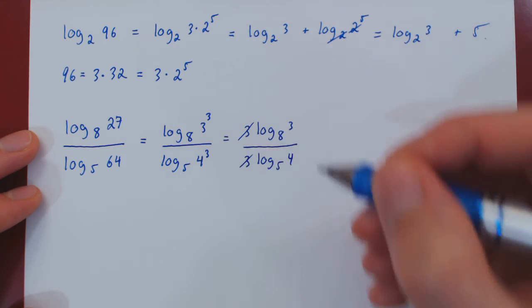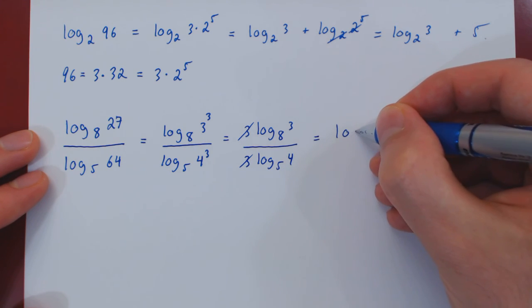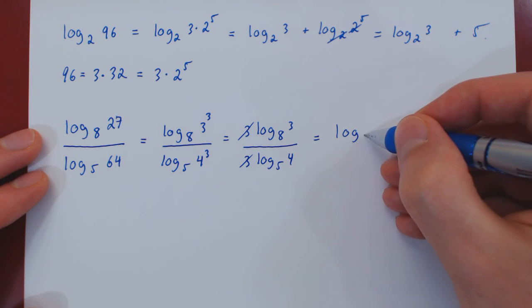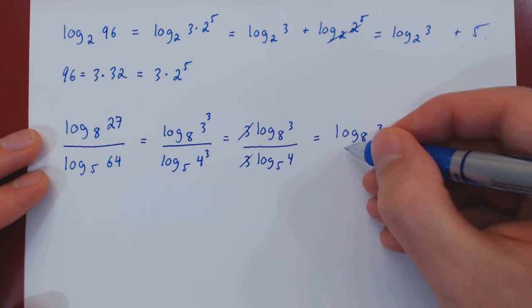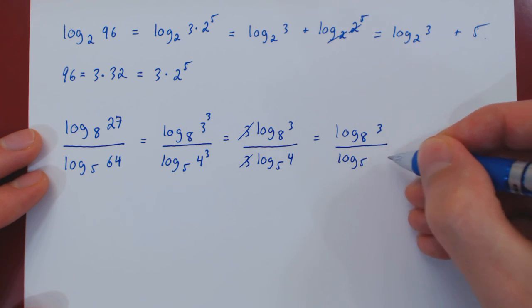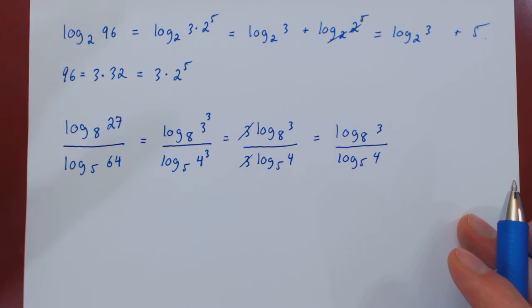So we can cancel both 3's, and we're left with a simpler quotient. Still a quotient of logarithms, but the arguments are much smaller. So we have the log base 8 of 3 divided by the log base 5 of 4. And this is the best that we can do. And that's it.